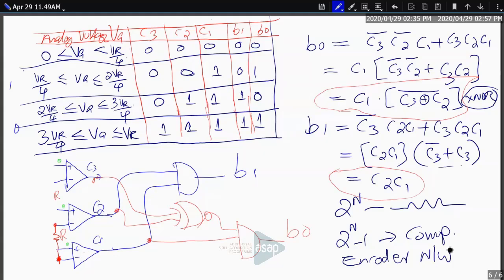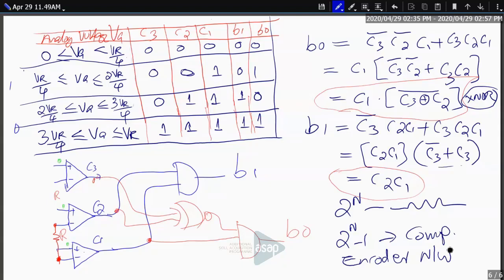So what we have finally arrived at is a set of comparators, and the comparators compare the input voltage with the reference. Some voltage is derived out of the reference, and accordingly in steps it is coded. The conclusion regarding this type of ADC is that it requires 2 raised to n resistors of equal value, 2 raised to n minus 1 comparators, and then of course an encoder network.